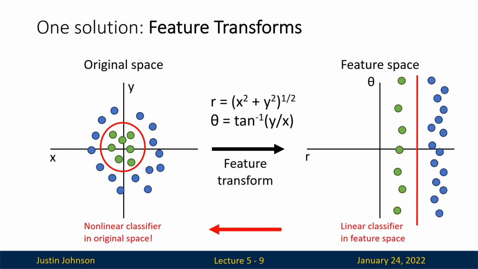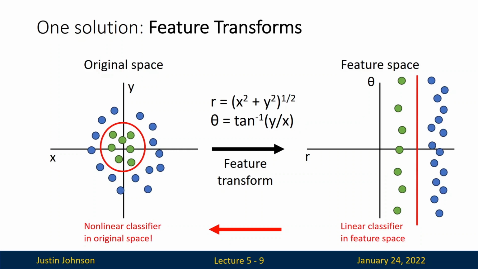One way is to transform those features. Here we can transform the Cartesian coordinate into a polar coordinate system. This x, y is usually called a Cartesian coordinate, and the two axes are orthogonal.